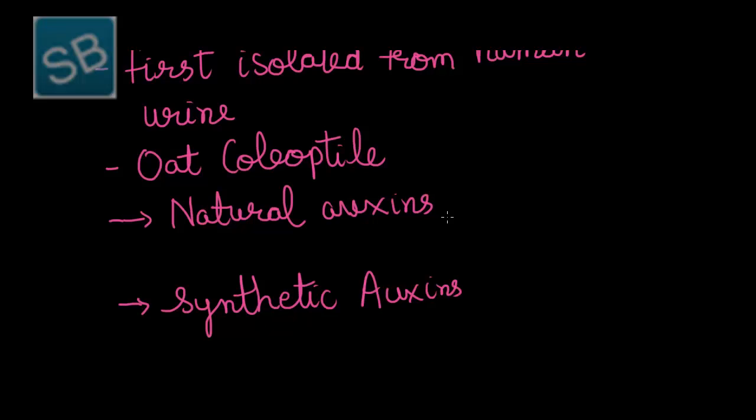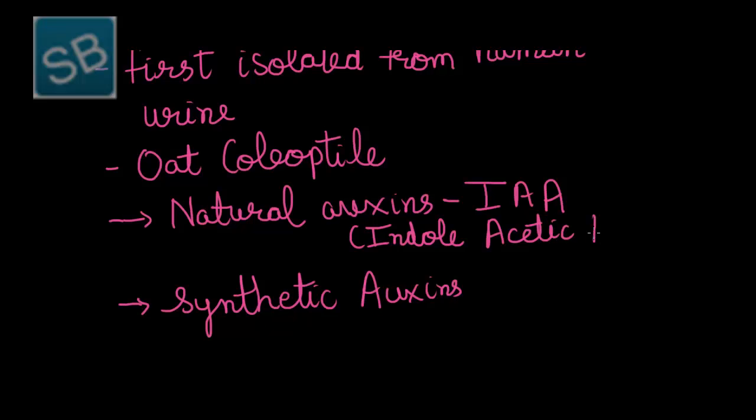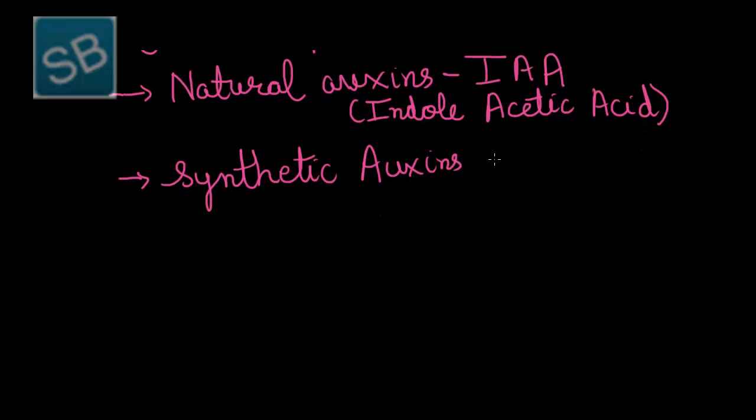The best examples of natural auxins include IAA, that is indole acetic acid, and of synthetic auxins is NAA, that is naphthalene acetic acid.